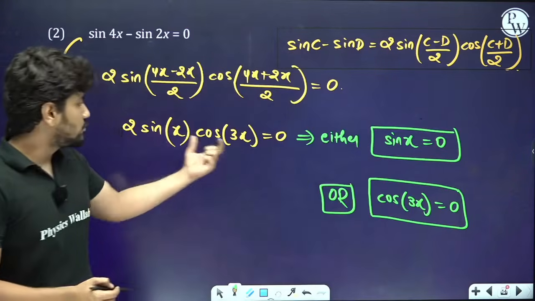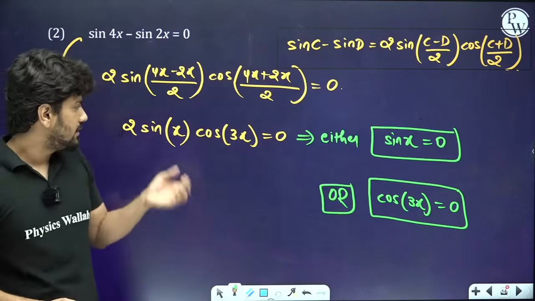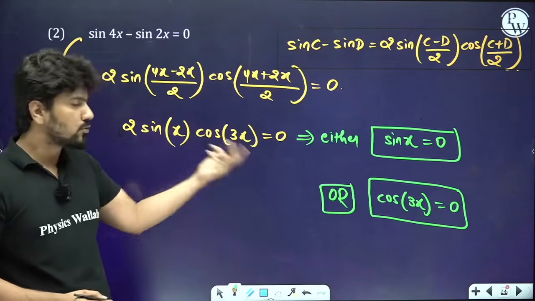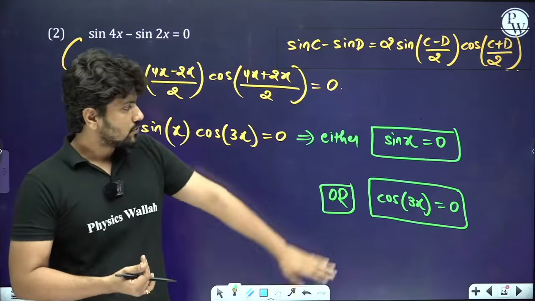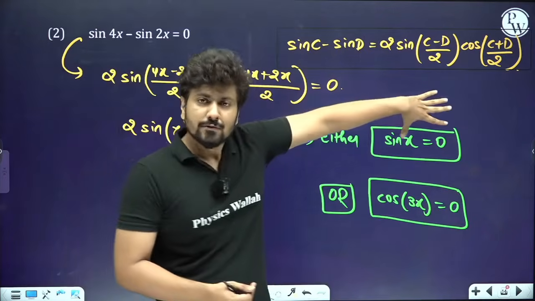If the product of two things is equal to 0, either this will be 0 or this will be 0, or both of them will be 0. So we can get solutions from this part.